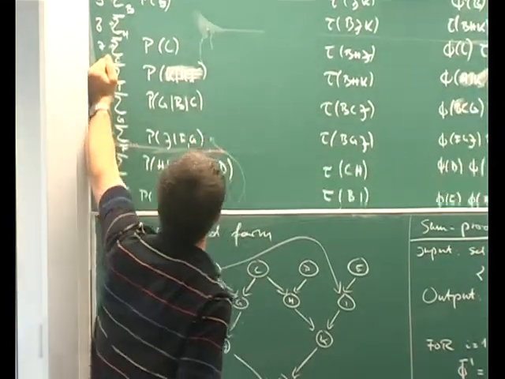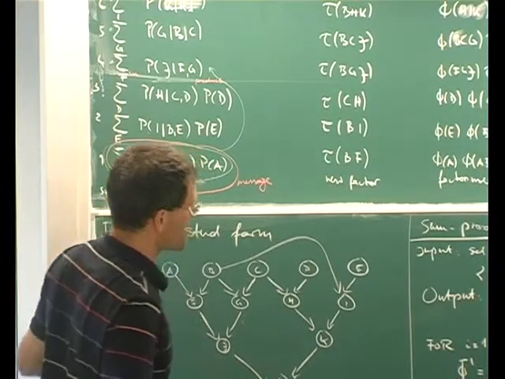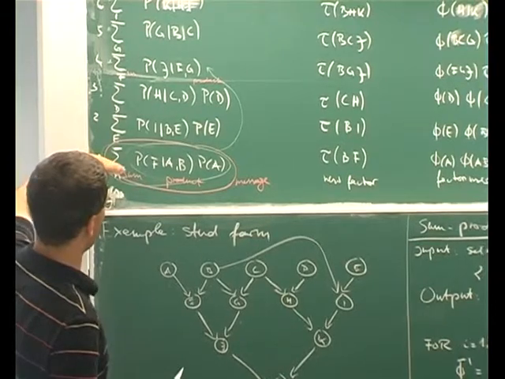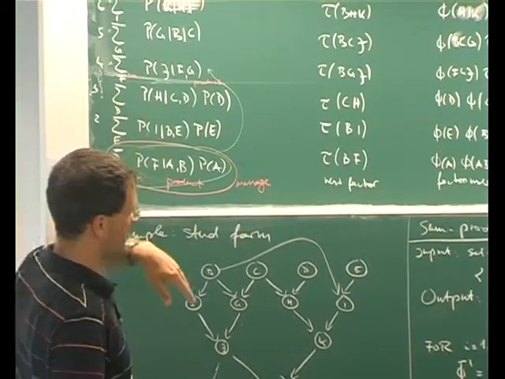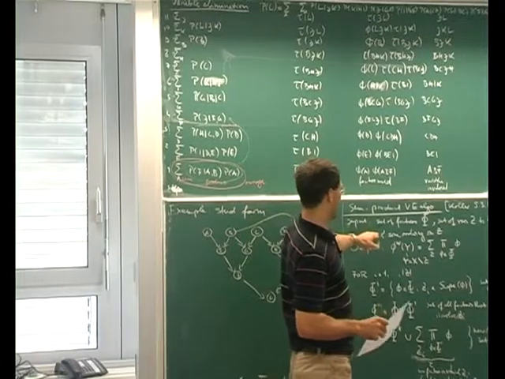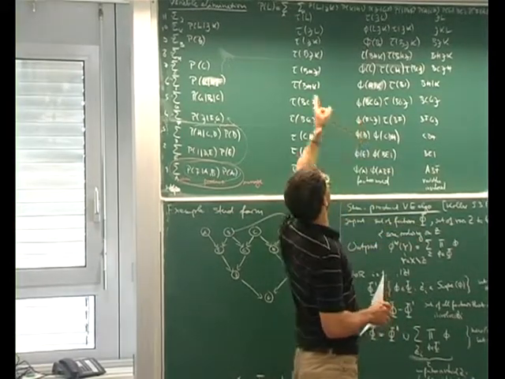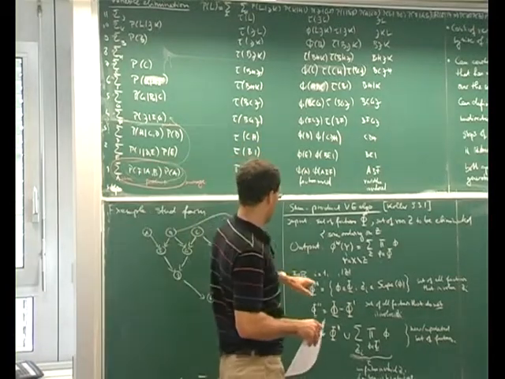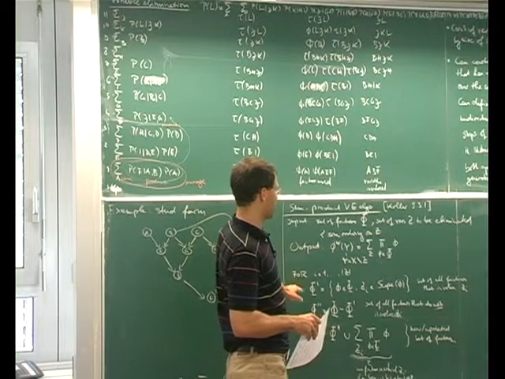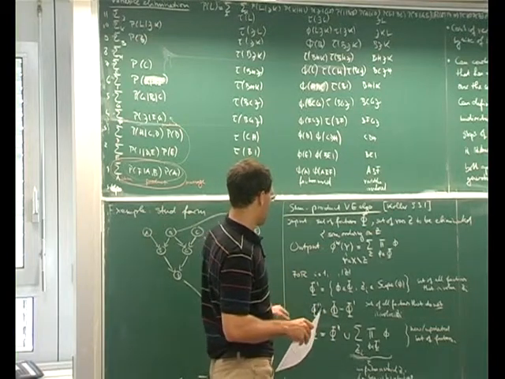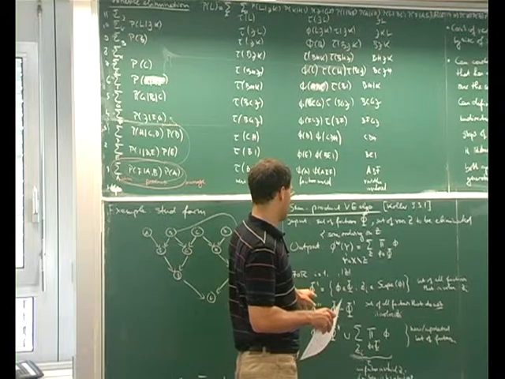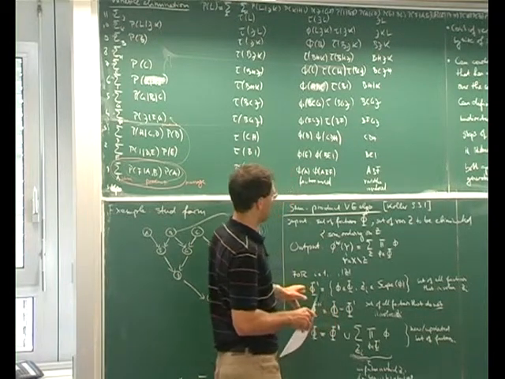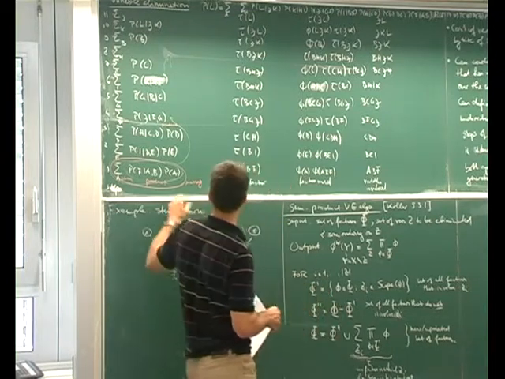Now if you compare, we had some ordering. In this case, the ordering was that we sum out first A, then E, then D, then F, and so on. We had the set of factors. This was the set that I had written in the first line. And we then looped over these variables that were to be eliminated, and then collected all the factors that involve the variable to be eliminated.